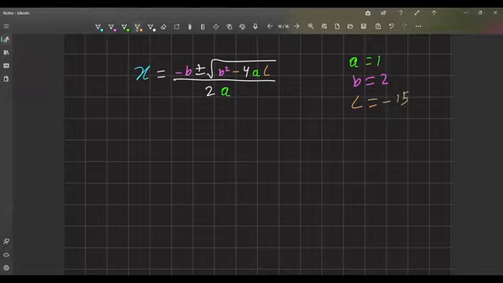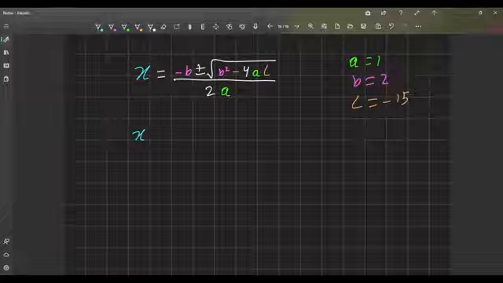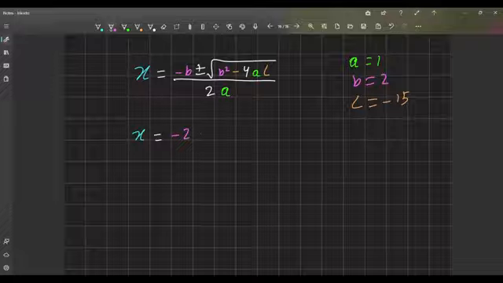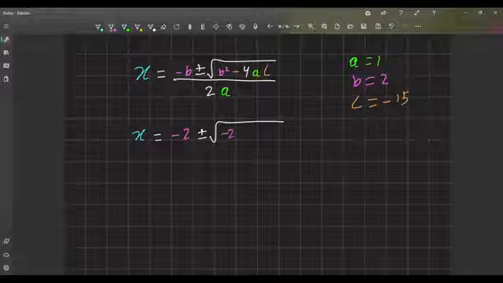So we'll put those values here, in which case we will get x is equal to negative 2 plus minus under root negative 2.